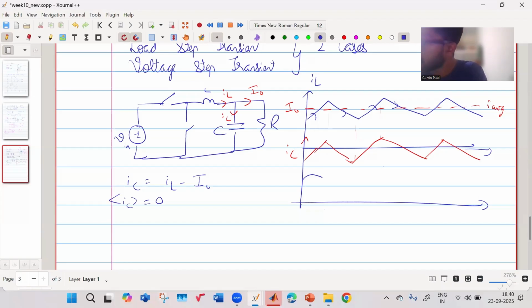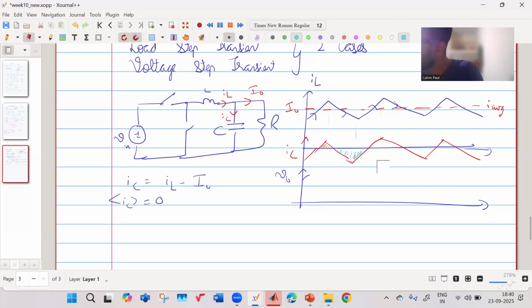Now we want to draw how your output voltage will look. When your capacitor current is positive, that is in this region over here, that time your output voltage will rise. And when your capacitor current is negative, that time your output voltage will fall.